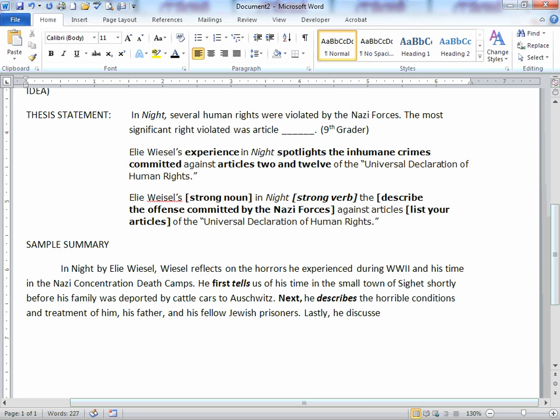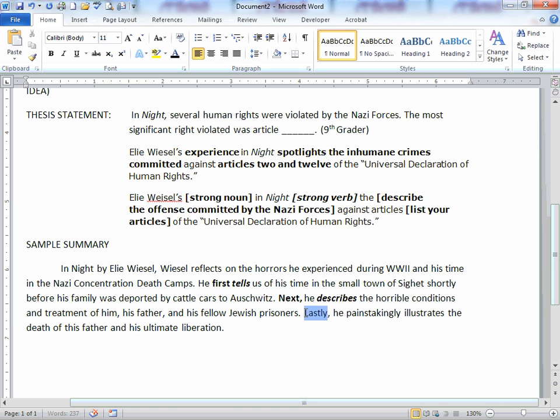Lastly, he painstakingly illustrates. I could use reflects, but I've already used reflects once, so I don't want to repeat myself. He painstakingly illustrates the death of his father and his ultimate liberation.